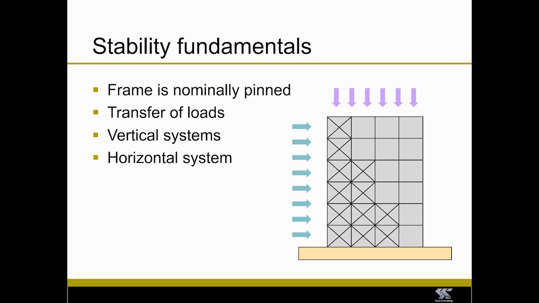So the bracing and the stability system obviously needs to be able to transfer horizontal and vertical loads safely down to the foundations without causing the structure to collapse, obviously. And to do that, we need both vertical stability systems and horizontal stability systems, so we can transfer the loads to where we have the actual bracing or whatever it may be in terms of providing that stability.